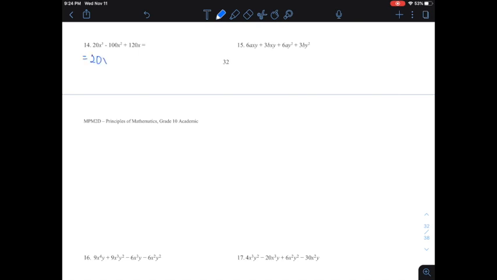Here we can also factor out a GCF, 20x. We need two numbers that multiply to 6 and add to negative 5. Great.